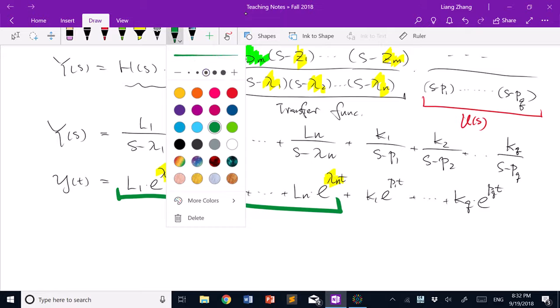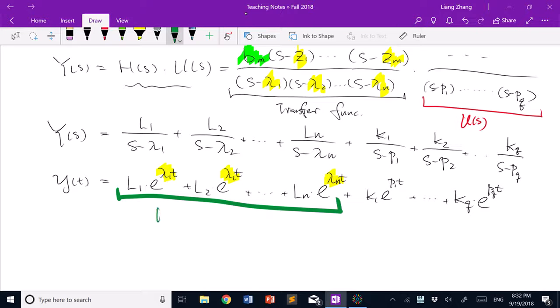We call them the natural response, because all these exponential signals are defined by the system itself, by the transfer function itself, by the characteristic polynomial, the characteristic roots themselves. They are naturally possessed by the linear time invariant system. So that's what we call the natural response.